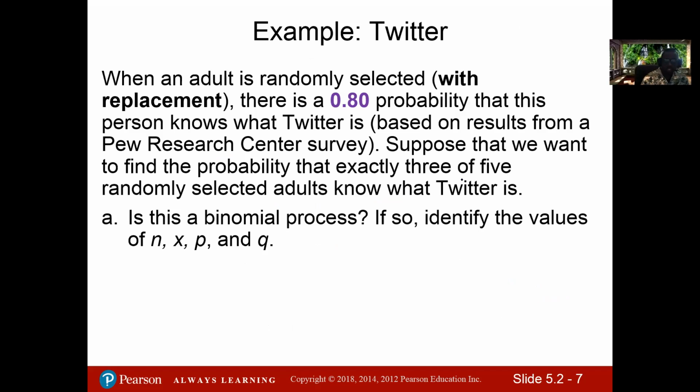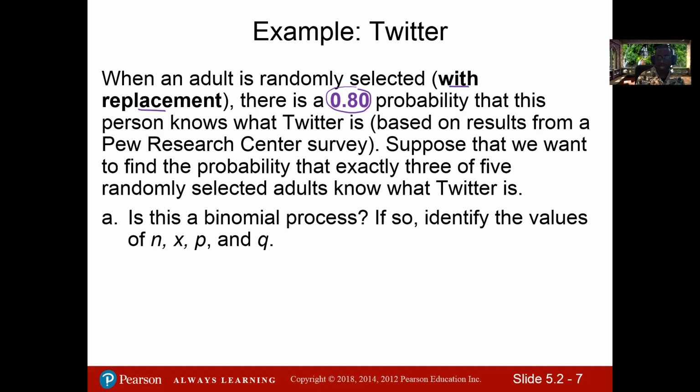I just changed this probability to 80% or 0.8 instead of 0.85 because I want to be able to use a table to show you how we can calculate the probability. It says that when an adult is randomly selected with replacement, so it's very important, replacement means they are independent, there is an 80% probability that this person knows what trader is all about.